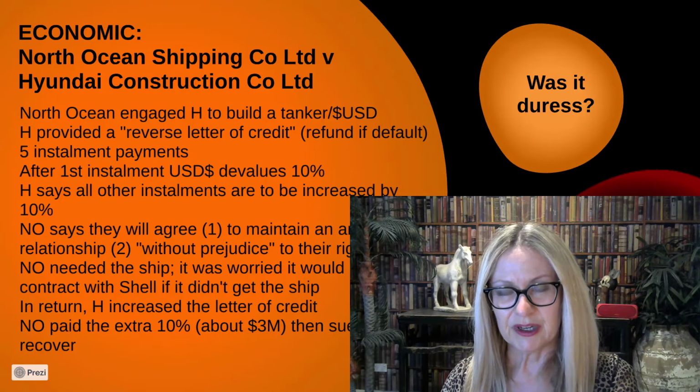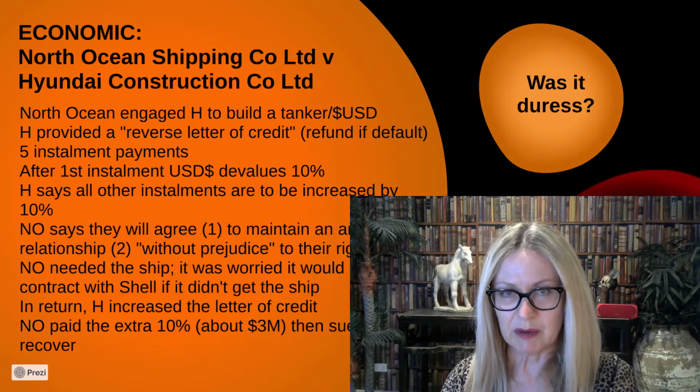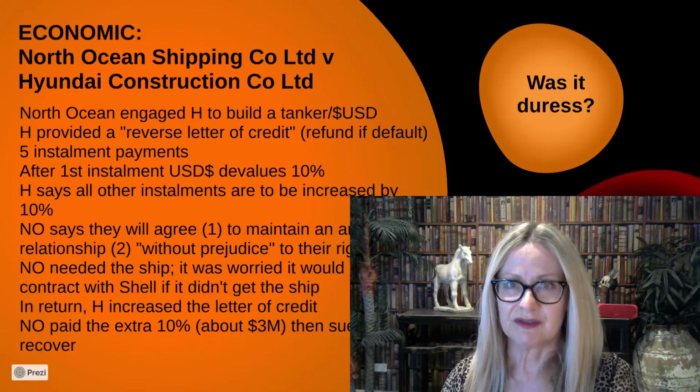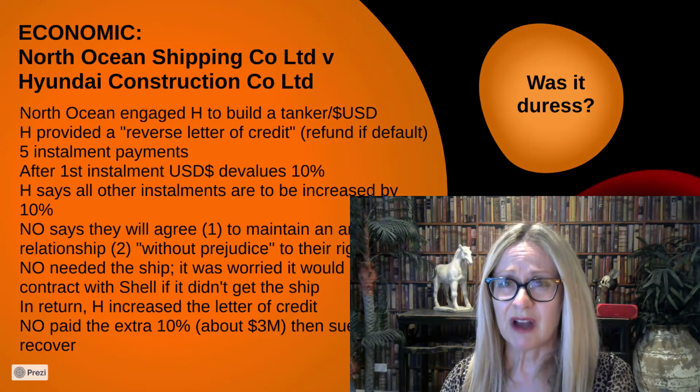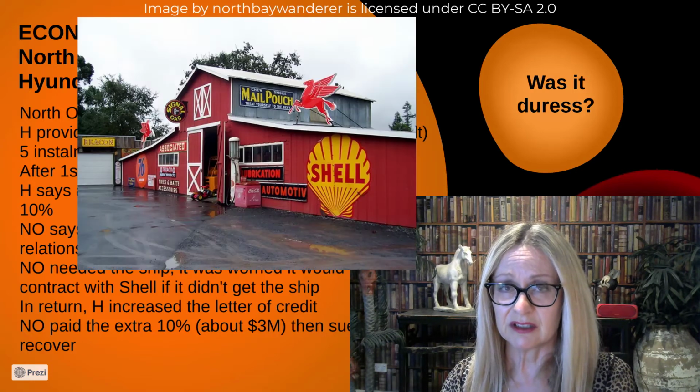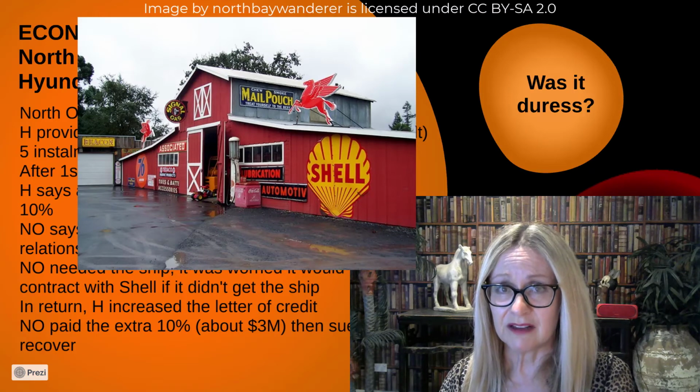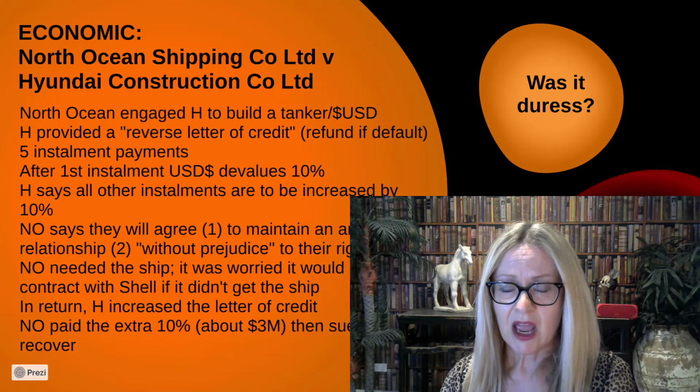North Ocean were in a bit of a pickle at this point because not only was this a very expensive deal for them, but they really needed to ensure that the contract was performed on time because they had a rather large deal with Shell that hung on them getting this new Atlantic Baron into the water in time.